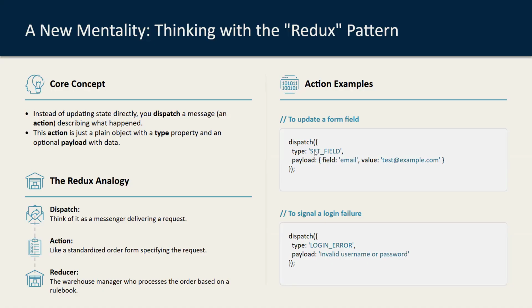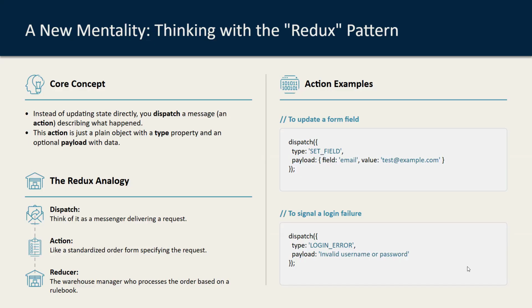In this pattern, we dispatch a message, which is simply an action, and that action is just a plain object with the type field and, if needed, a payload that contains extra data. This is the core of the Redux style pattern, which is commonly used in useReducer.